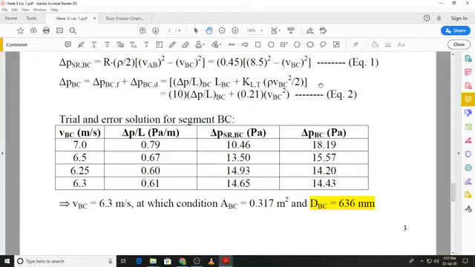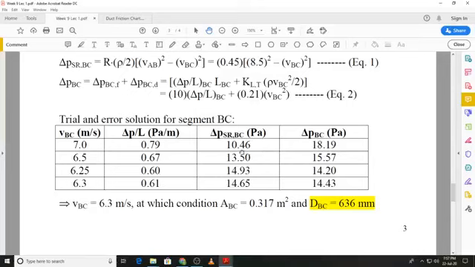But you can see that the static regain value from equation 1 is 10.46, whereas the value of the pressure drop in that segment comes out to be 18.19 pascals. So there is a considerable difference between the two, and we want to reduce this difference by making another guess about the velocity.